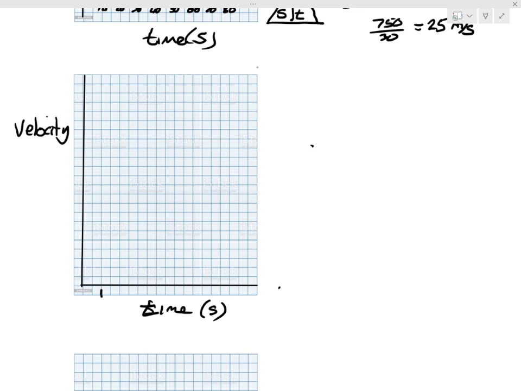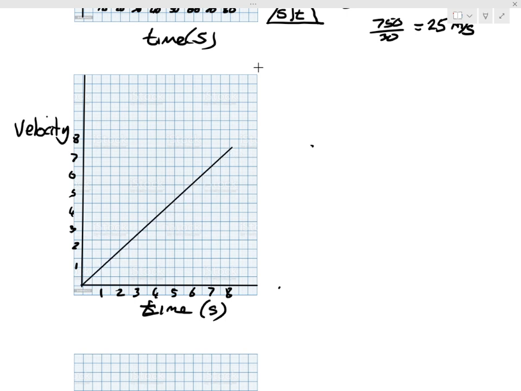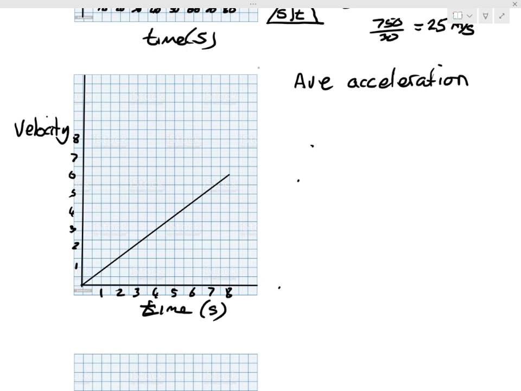Let's make the numbers easier: 1, 2, 3, 4, 5, 6, 7. And we're just going to have a random line for this just to explain it. So we're going to go from there, and we're going to work out the average acceleration and the average speed.